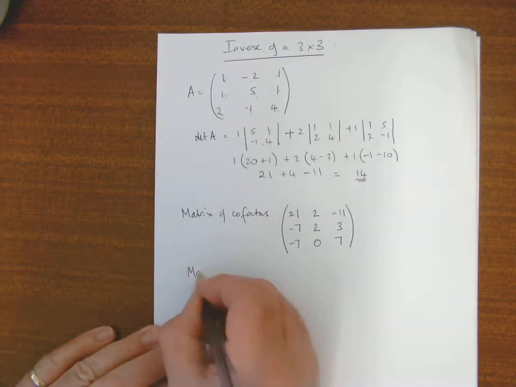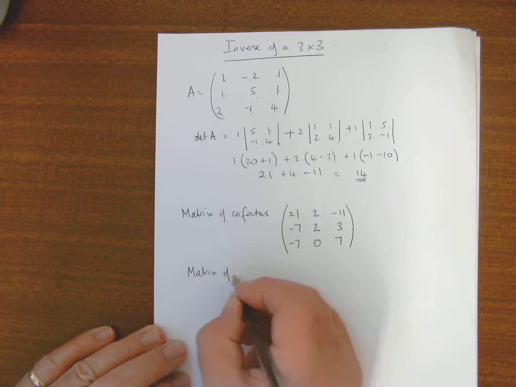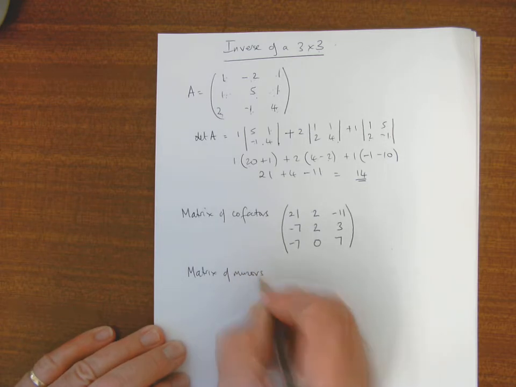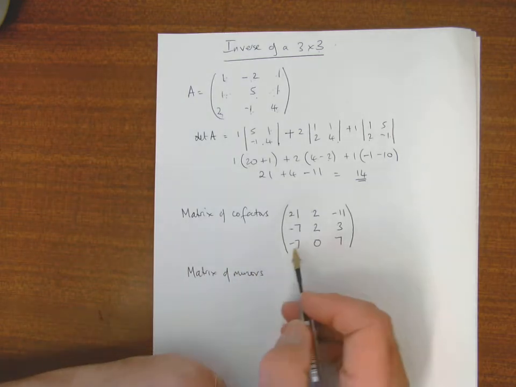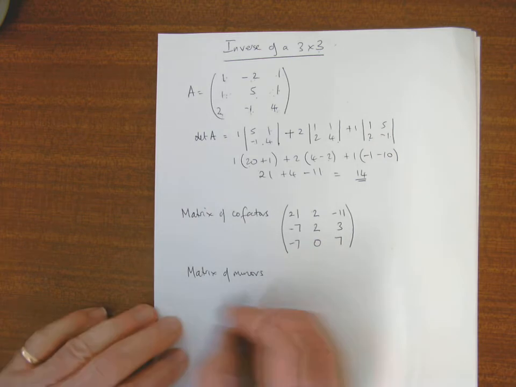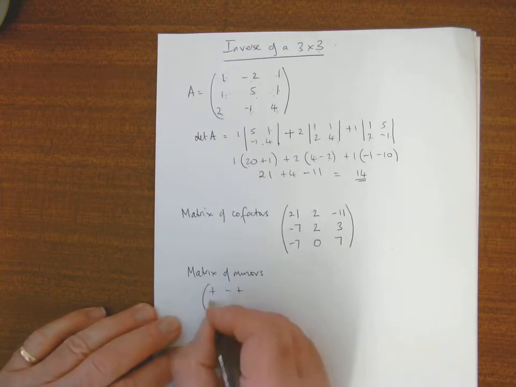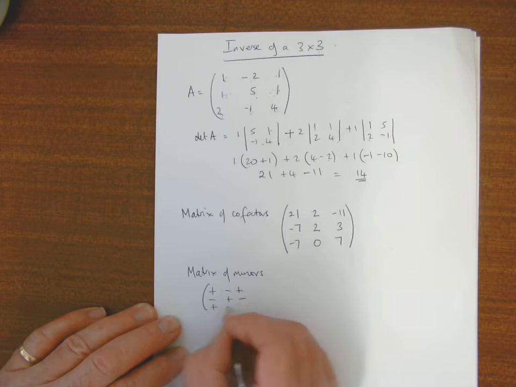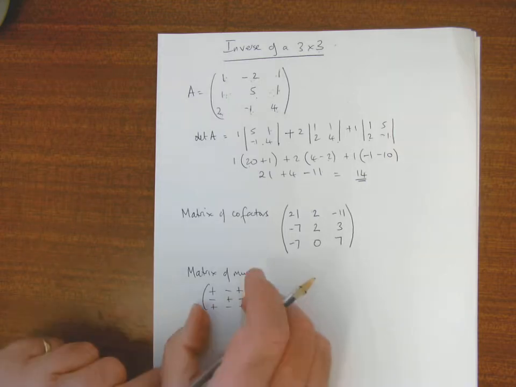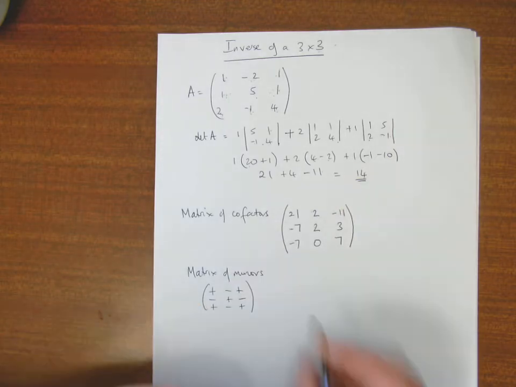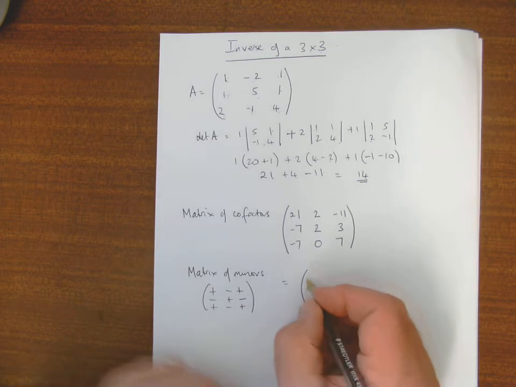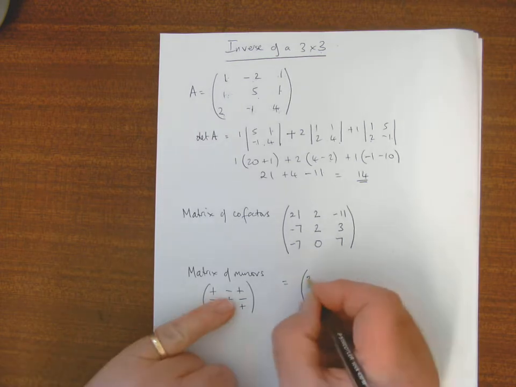Now the matrix of minors. We use the same entries, but we impose the sign pattern onto those values. The matrix of minors will be, in the top row, still 21.